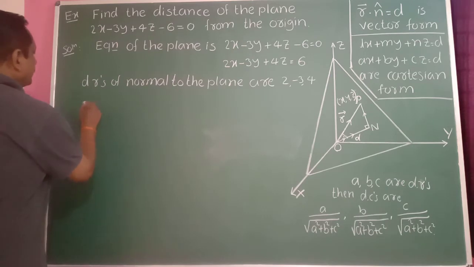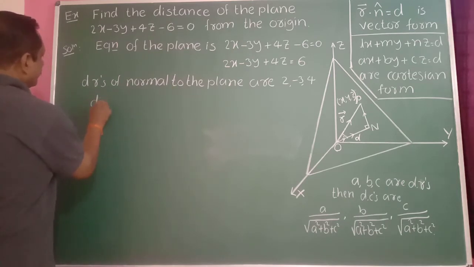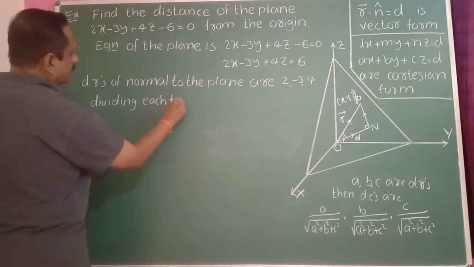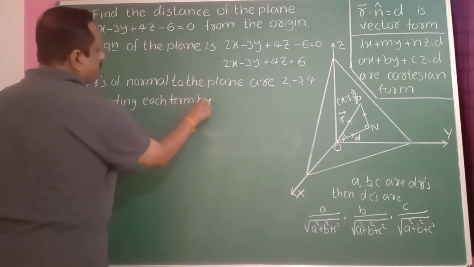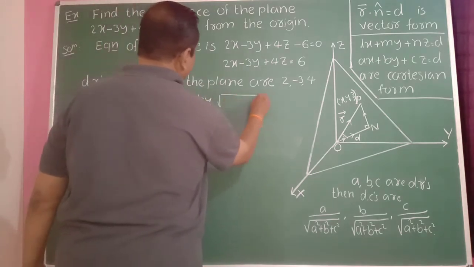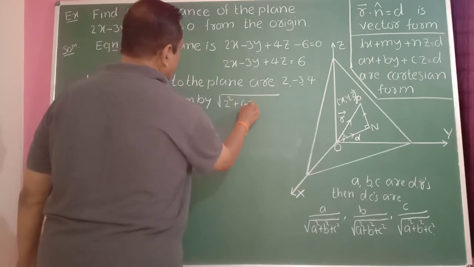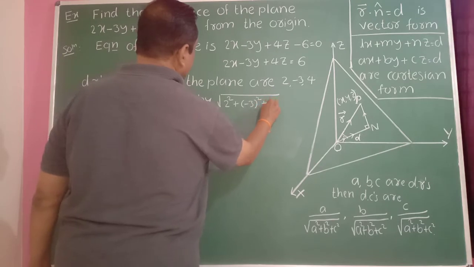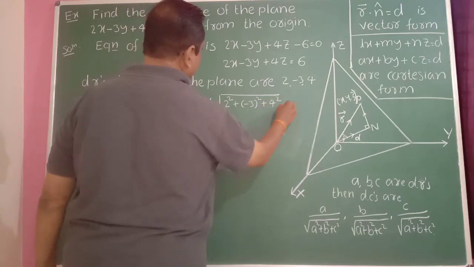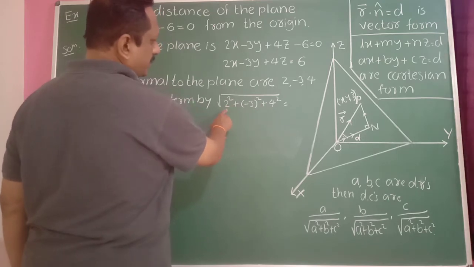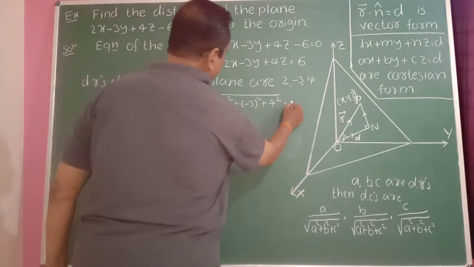Therefore, dividing each term by root of 2 square plus minus 3 square plus 4 square, that is 16 plus 4 is 20, plus 9 is 29, root of 29.